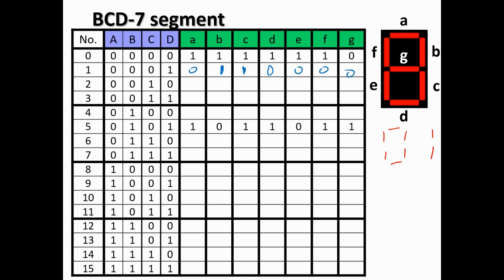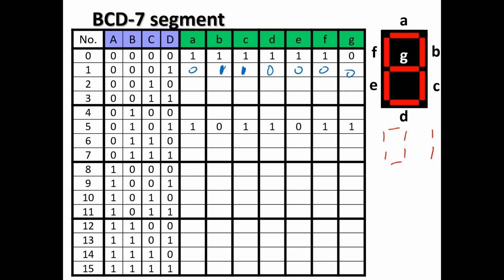Whenever you use one of these in the lab, we have something called common anode or common cathode. Depending on which you are using, you may have to use a 1 to turn on or a 0 to turn on, so you have to be careful.